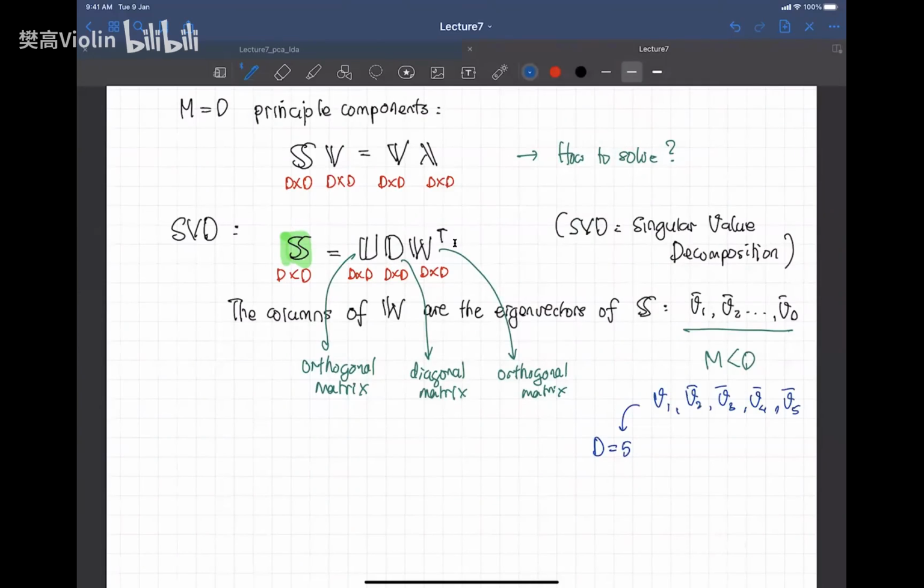And if you want to reduce to M equals 3, for example, then just take F1, F2, F3. Okay. Any questions?